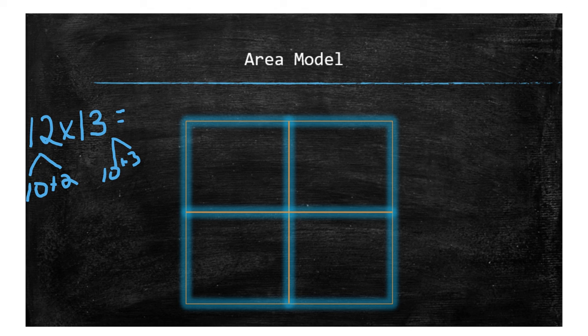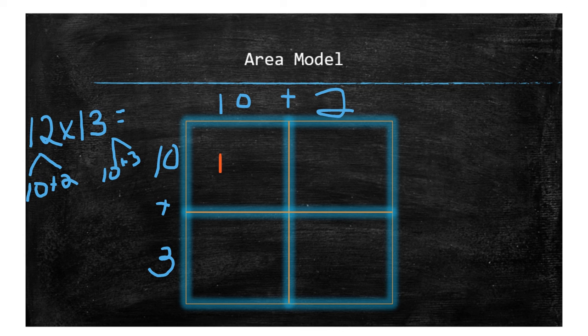And so all we're going to do is separate our numbers. So now we have a 10 plus a 2, and then we have a 10 plus a 3. And from this point, we're able to go ahead and start the multiplication problems.